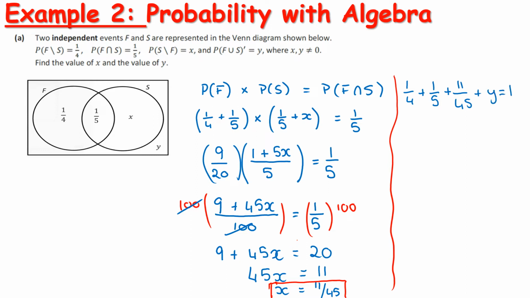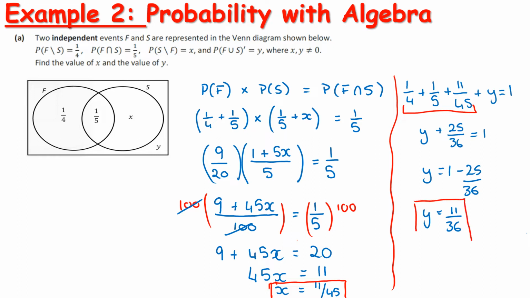If I add my like terms, the ones that are just numbers, what we get is y plus 25 over 36 is equal to 1. So y is equal to 1 minus 25 over 36. So y is equal to 11 over 36, and that is our answer for y.